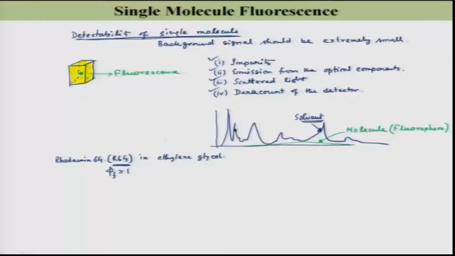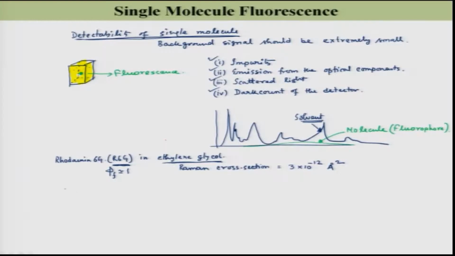Now, the Raman cross section of this ethylene glycol is 3 into 10 to the power minus 12 angstrom square. Okay.